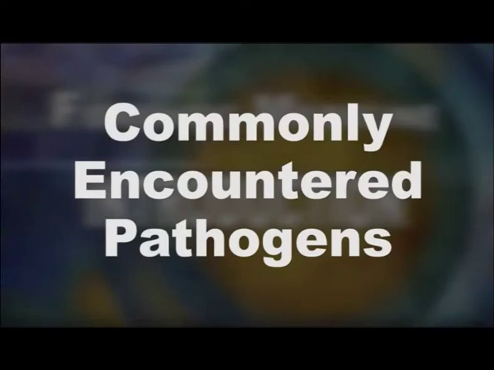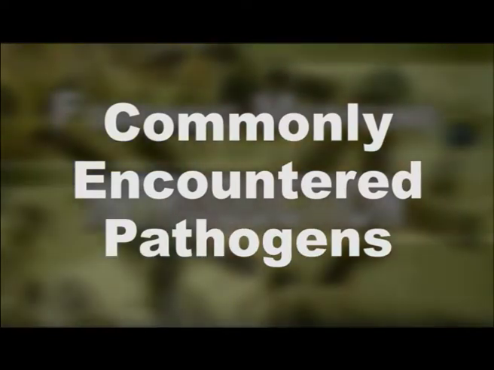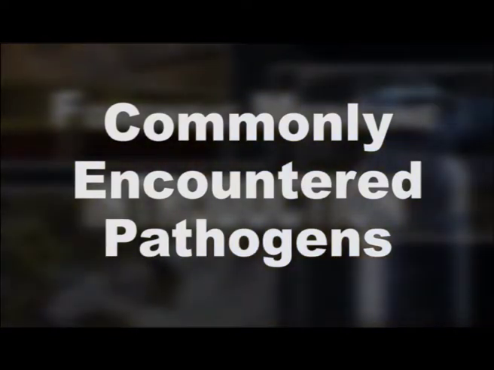With this, we come to the end of Module 1, and now we move on to Module 2, that is Commonly Encountered Pathogens at a Crime Scene. Dear students, now we are studying the commonly encountered pathogens at a crime scene.